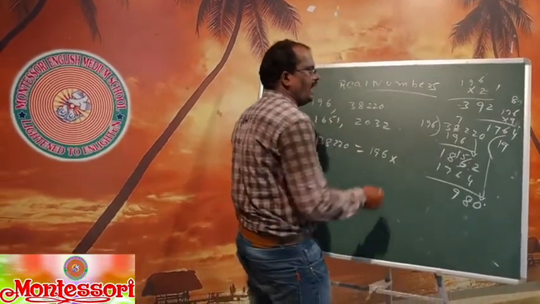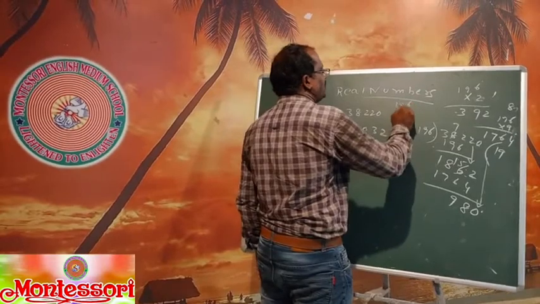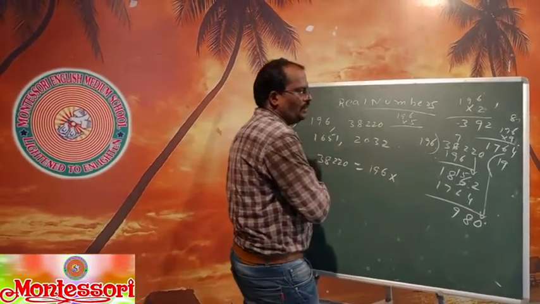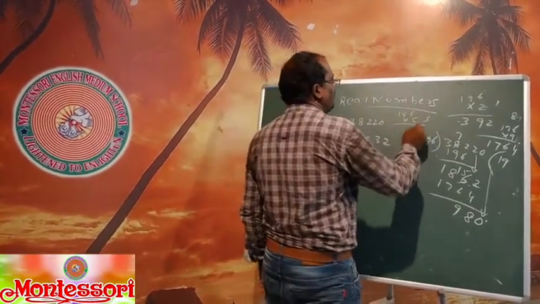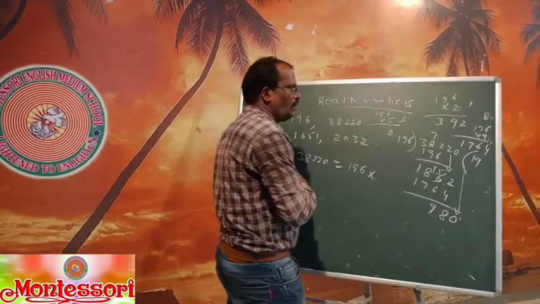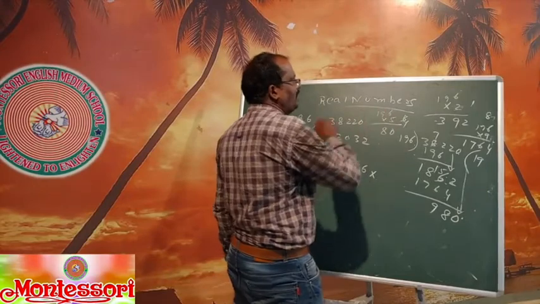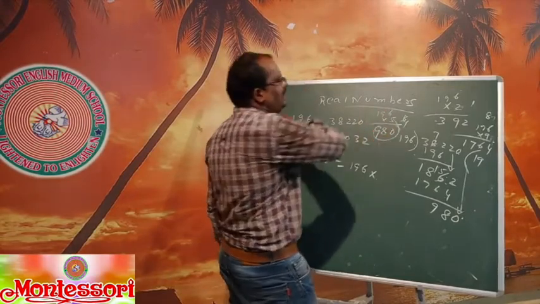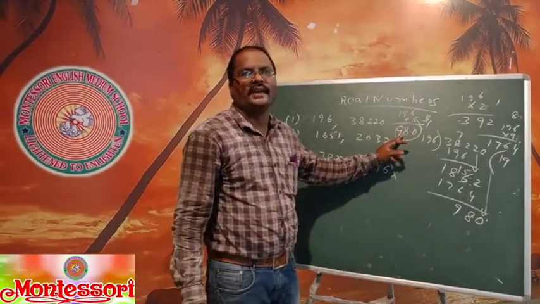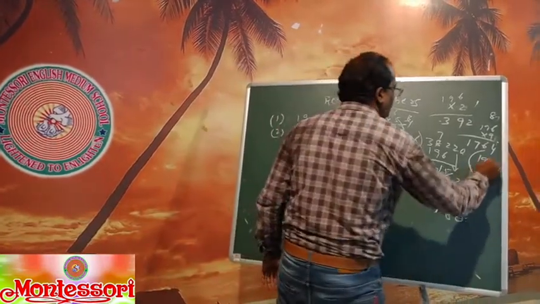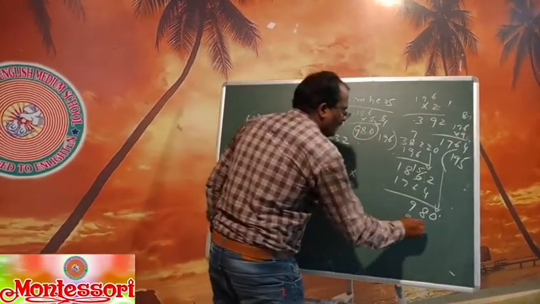Now 980. 196: you see, once we multiply with 5, 5 sixes are 30, 5 nines are 45, 45 plus 3 is 48, 5 ones are 5. Now how much did you get exactly? 980. Now we have to write 5. Now you write 980.